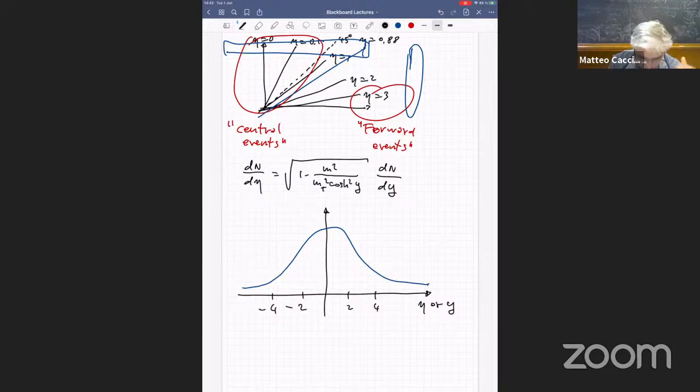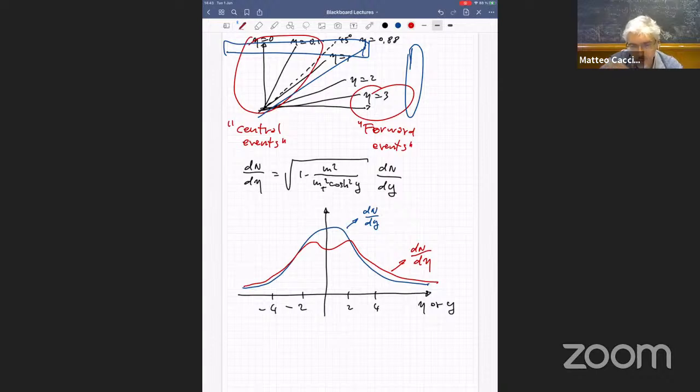So this could be a typical distribution for dN over dy, and the associated distribution for the pseudorapidity could be something like this. Okay, this is dN over d eta. And you can see it's not monotonic anymore going towards the central region.